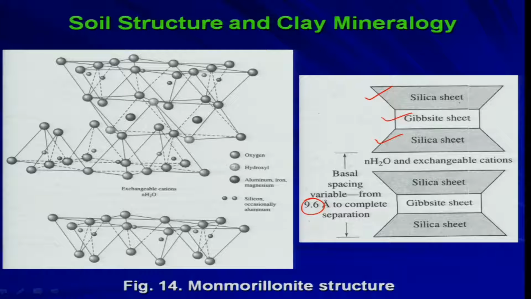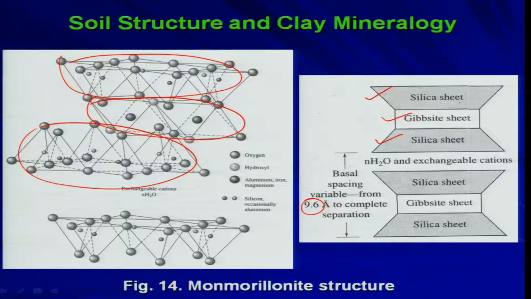From the atomic structure point of view, this is your silica sheet, the middle one is your gibbsite sheet sandwiched between 2 silica sheets, this is another silica sheet, and you have the interlayer. Another unit is coming here.